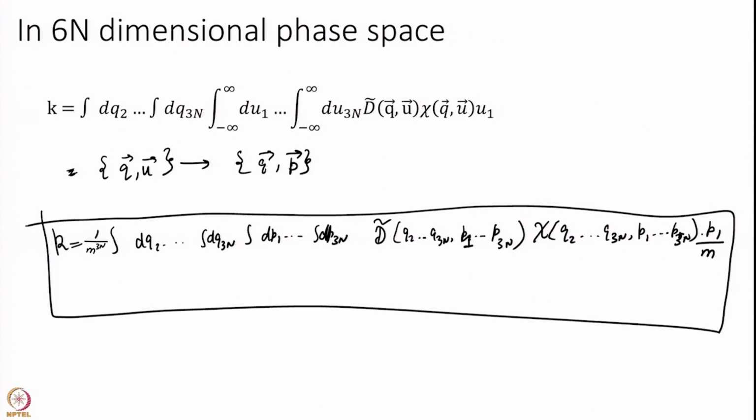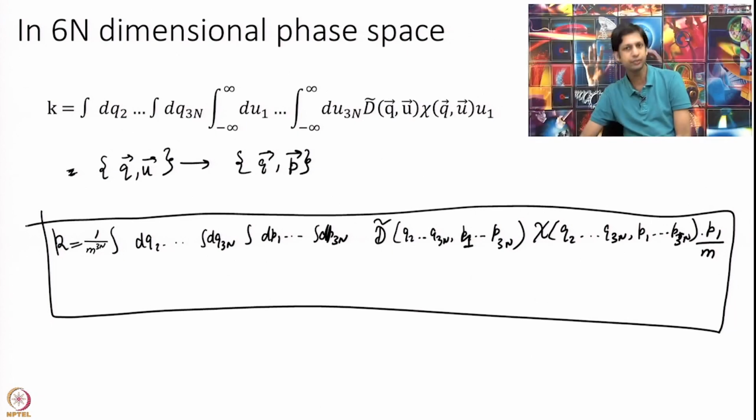And this formula actually makes very few assumptions. All I have really assumed is that a dividing surface exists and classical mechanics. Only two assumptions have gone in. No idea about equilibrium, no no-recrossing assumption, all that is not made.